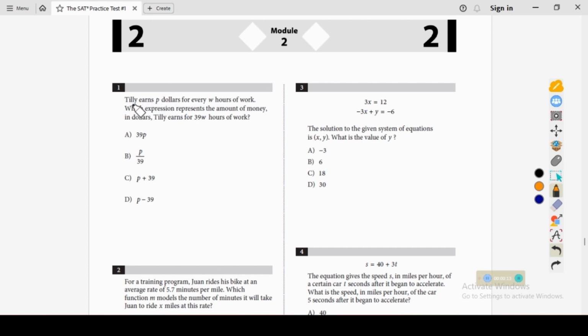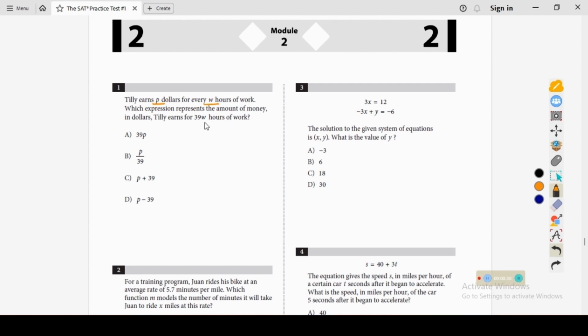Our first question is, Tilly earns P dollars for every W hours of work. Which expression represents the amount of money in dollars Tilly earns for 39 W hours of work?